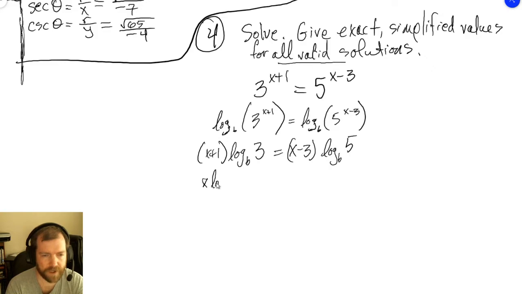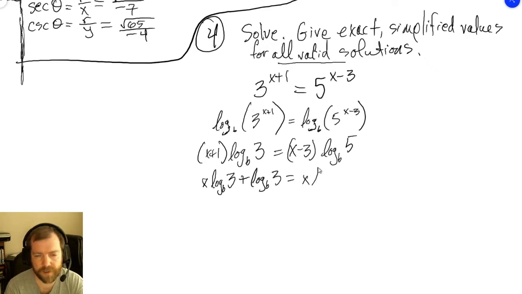So this is going to be x log base b of 3 plus log base b of 3 equals x log base b of 5 minus 3 log base b of 5.